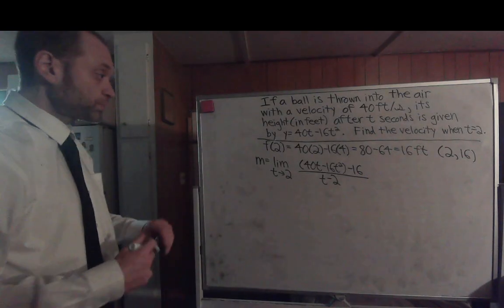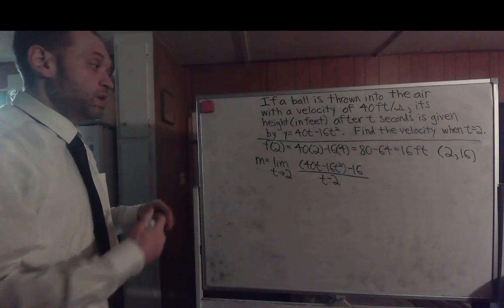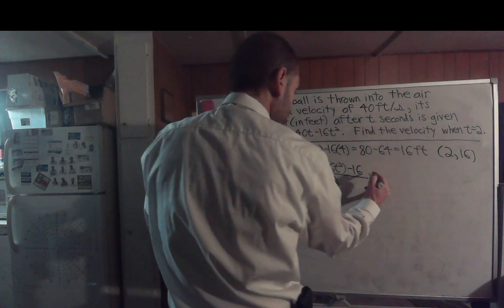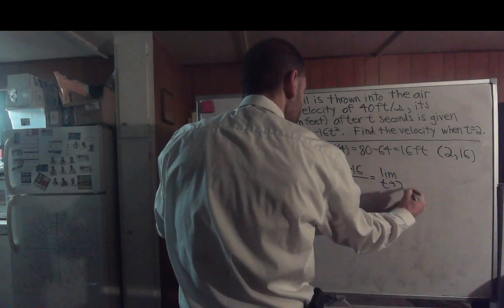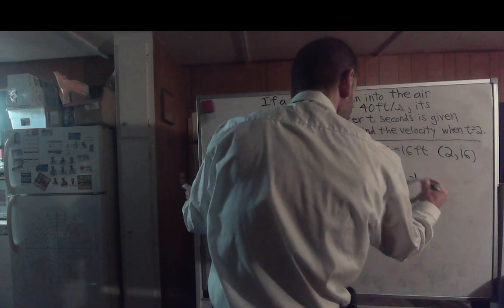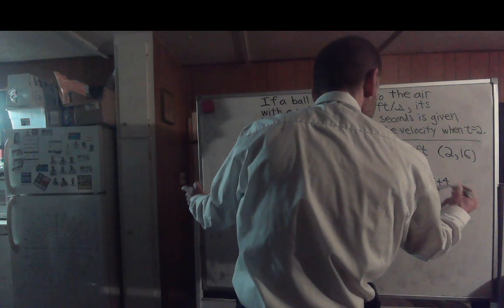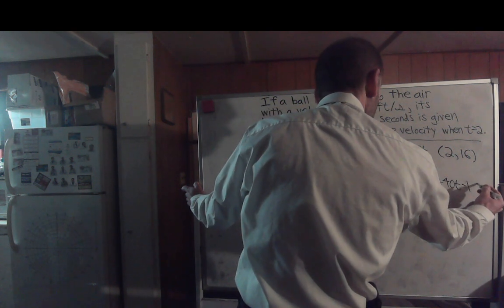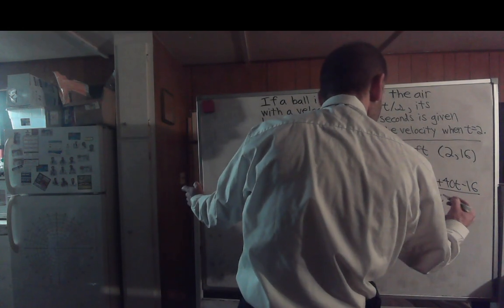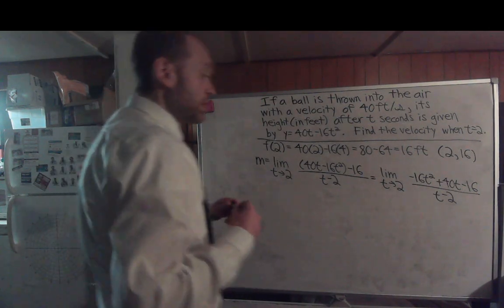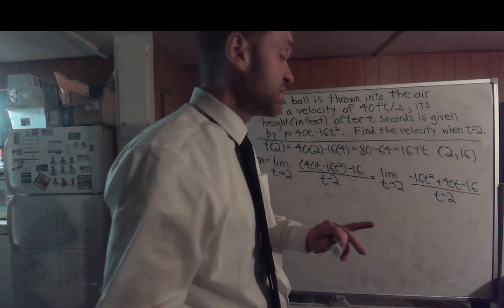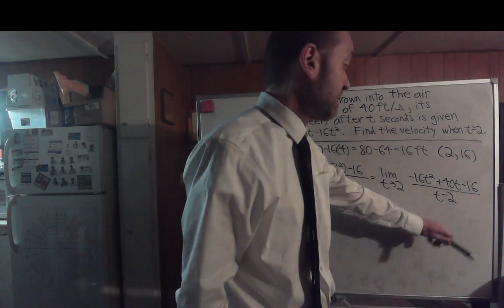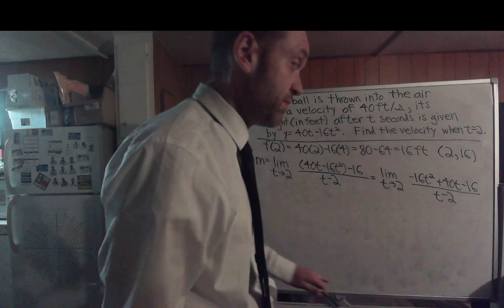Now, what we need to do is, of course, simplify the numerator. This would turn into the limit as t approaches 2 of negative 16t squared plus 40t minus 16, all over t minus 2. Well, what can we pull out from the numerator to factor out in common? Because the idea is we should hopefully be able to cancel out a t minus 2. That's really what we're going for here.